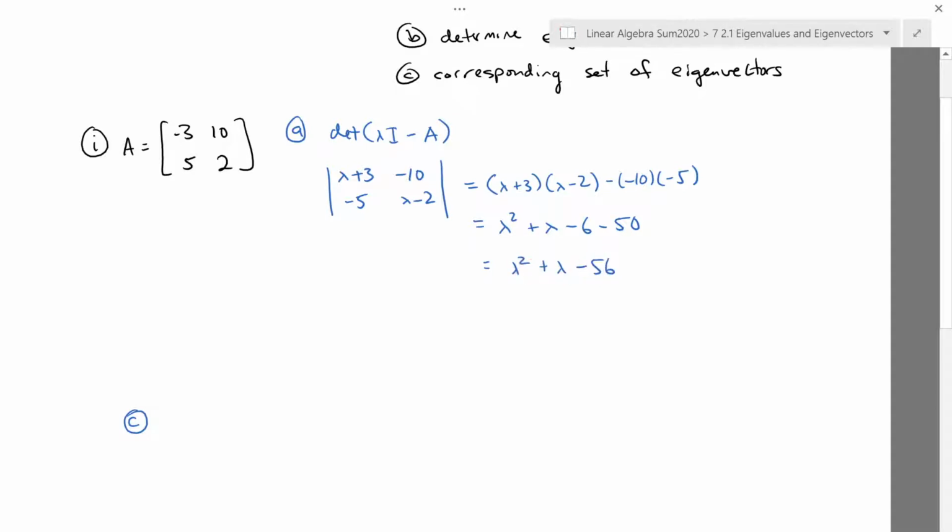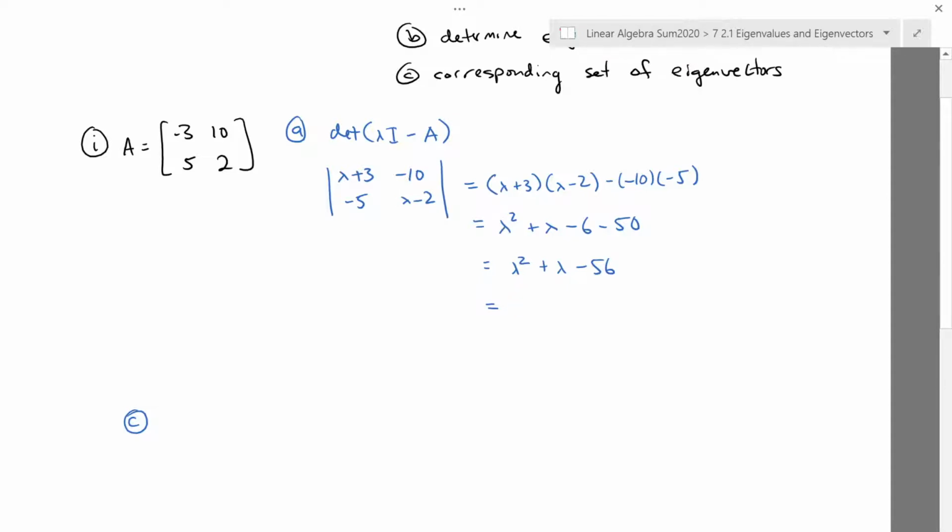And so we get a quadratic, right? The size of the matrix tells you the degree of the polynomial, so we should have a second degree. And luckily this is factorable, so we don't need to use the quadratic formula.